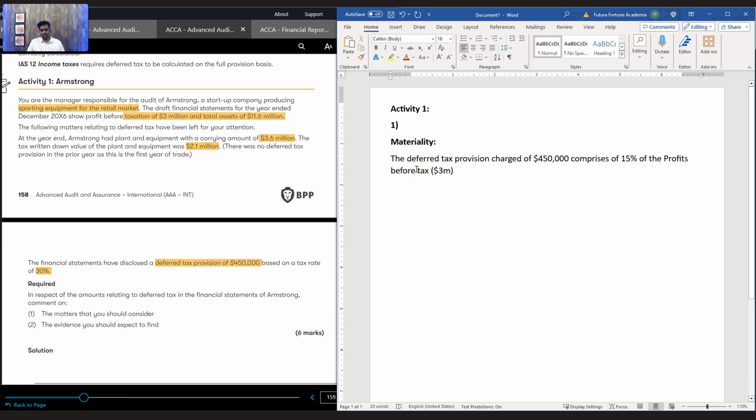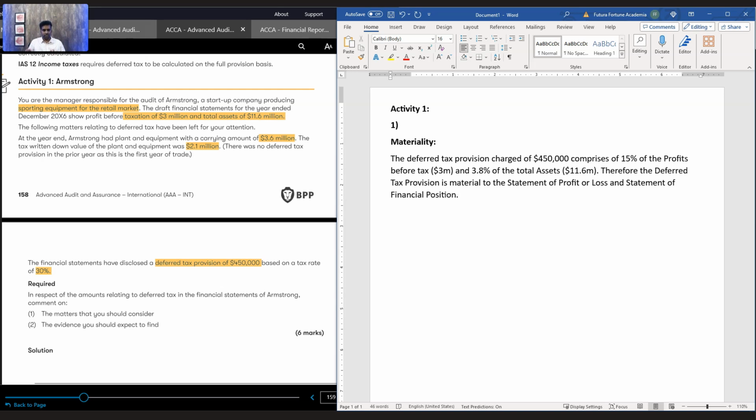Because 450,000 divided by 3 million is around 15%, and 3.8% of the total assets. What is your total assets? $11.6 million. So 11.6 million is your total assets, right? So therefore the deferred tax provision is material to the statement of profit or loss and statement of financial position.